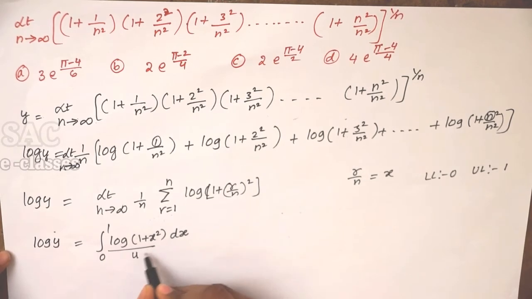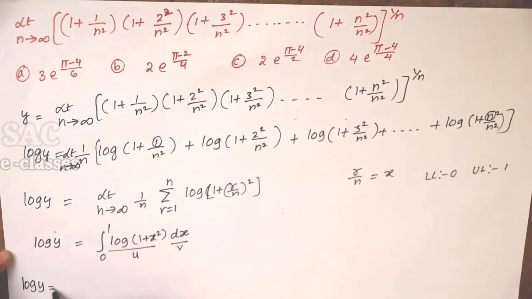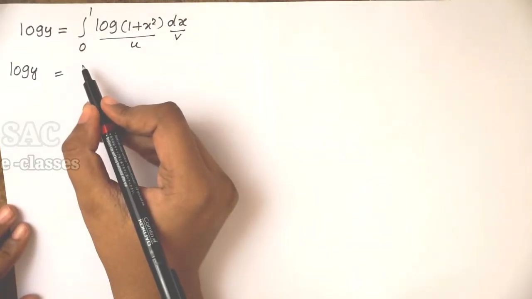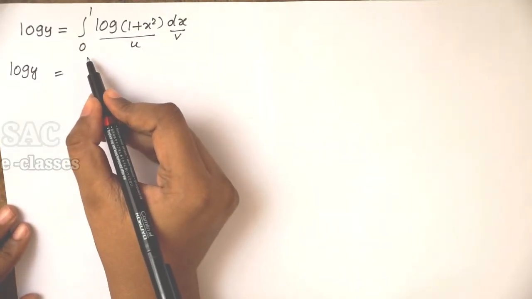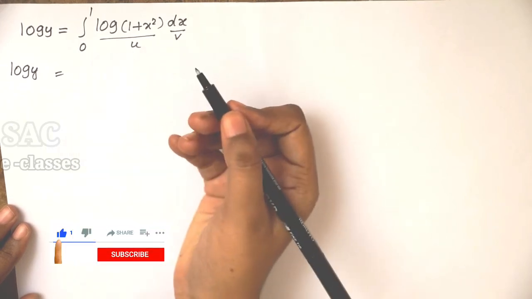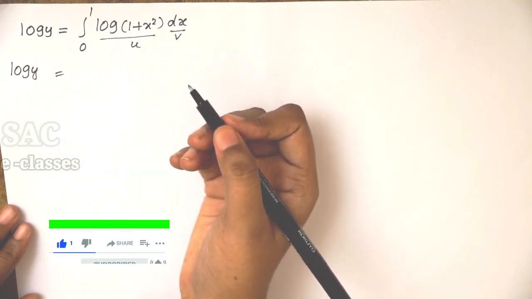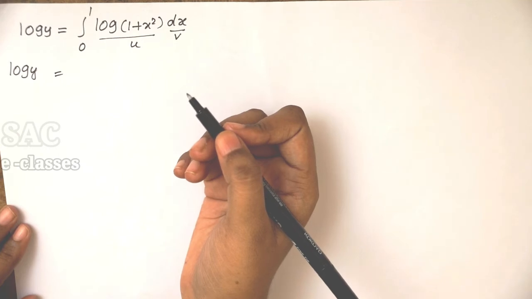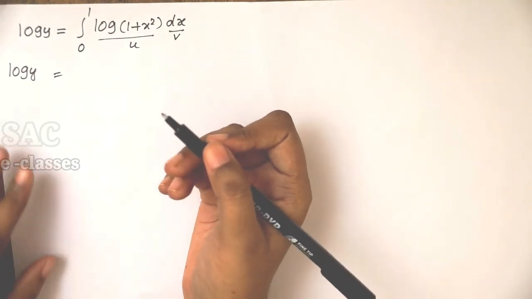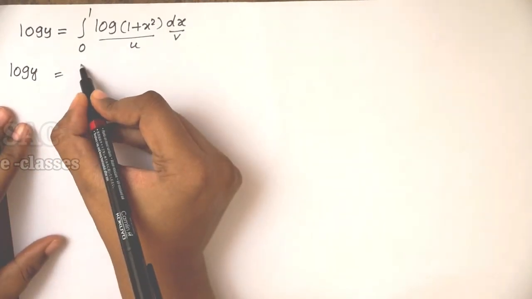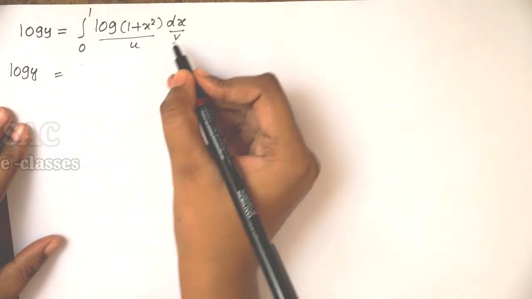Use u as well as v. Use the integration by parts formula. Now we need to find the integration of this, and we are doing the integration with the help of the integration by parts formula. Now I am using the uv formula.